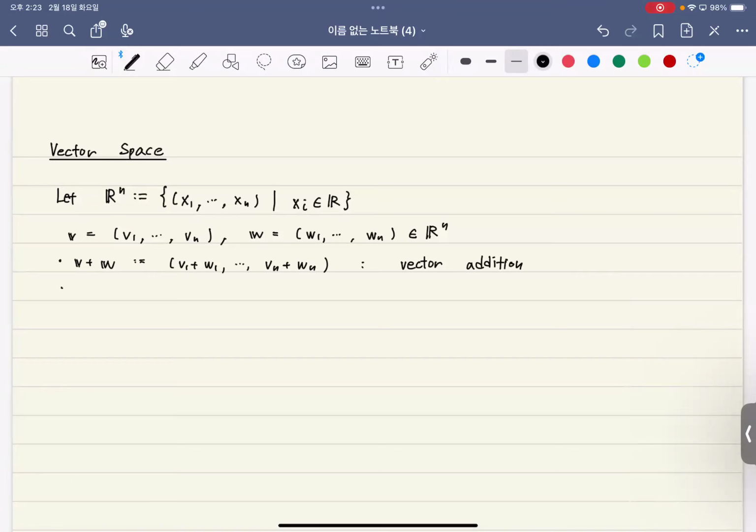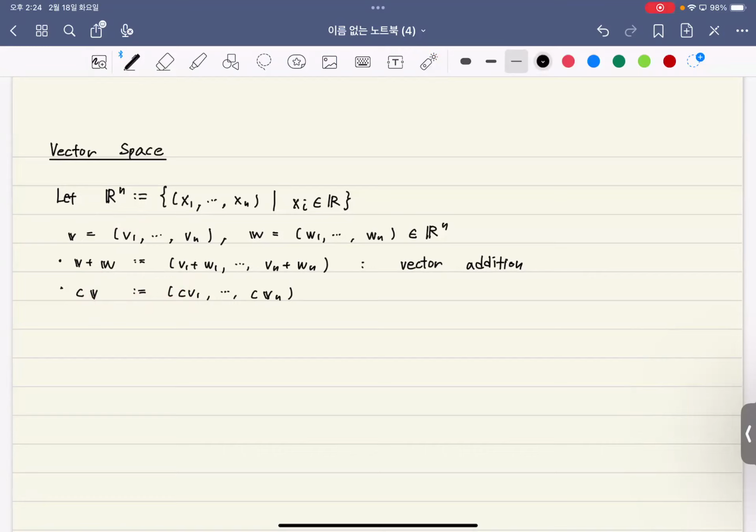And the second operation is scalar multiplication. This is again easy. Nothing but every component is multiplied by some constant c. This letter c is not in boldface, so that means this is not an element of this space, but just a real number. c is a real number.